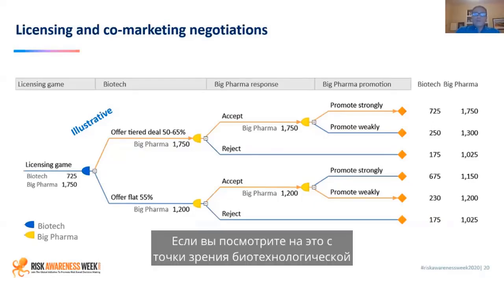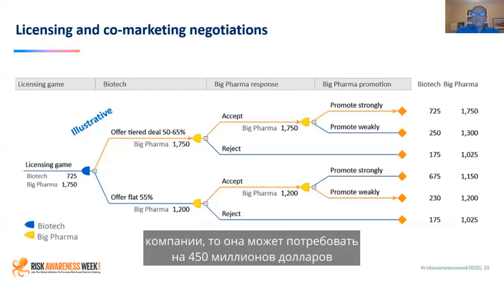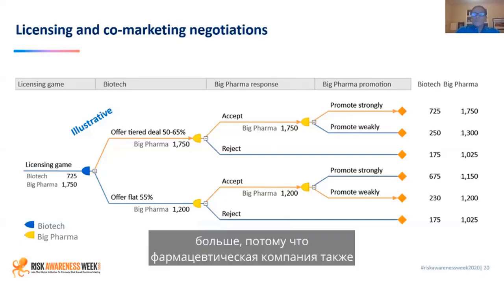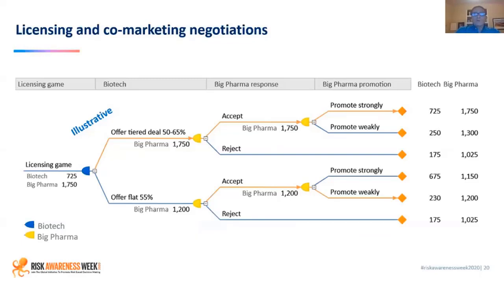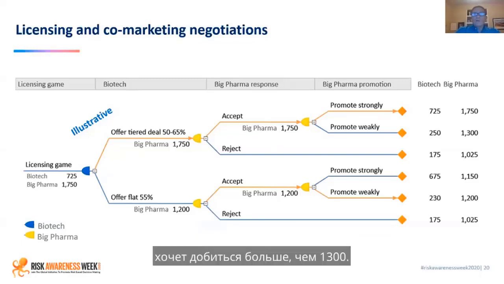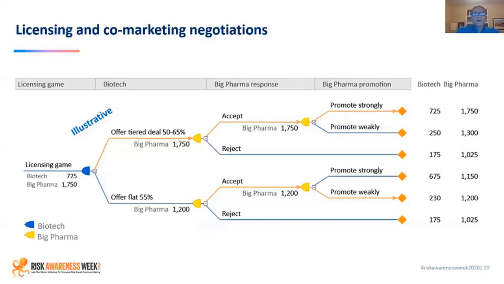If you're looking at it from the biotech's perspective, the biotech could demand up to $450 million more in value, because the big pharma company wants to do better than 1,300, and as long as they do better than 1,300, they don't need the 1,750.